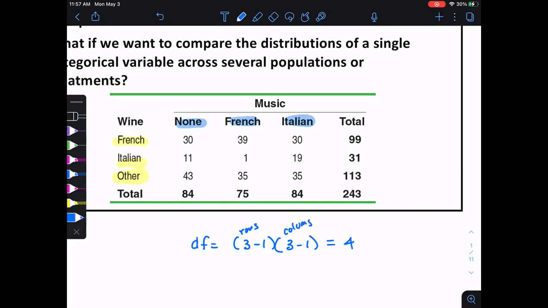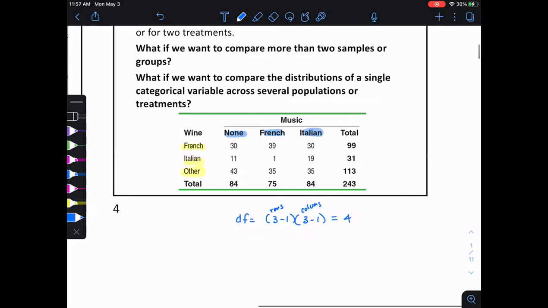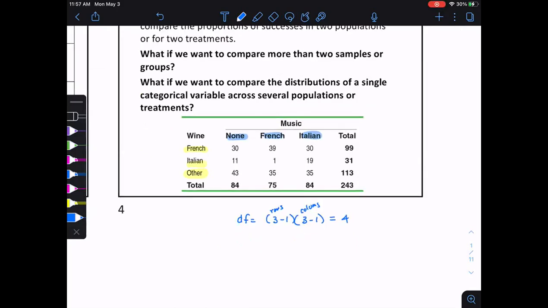Why do we need degrees of freedom? Because chi-squared tests require a degree of freedom. We're trying to find out if there is an association.